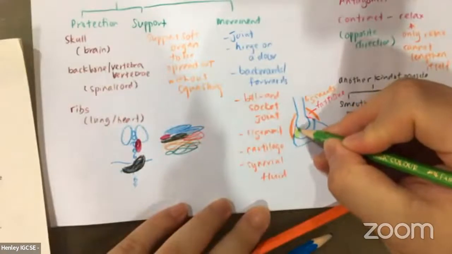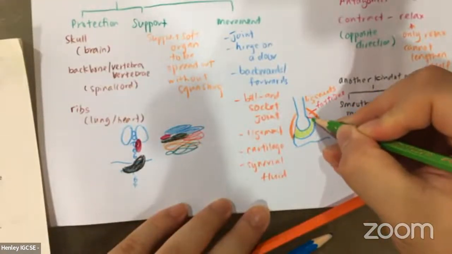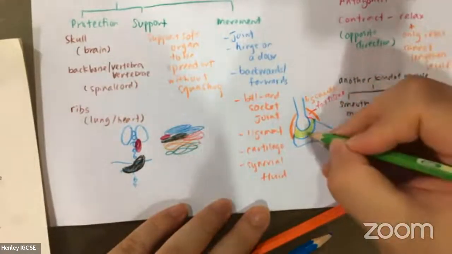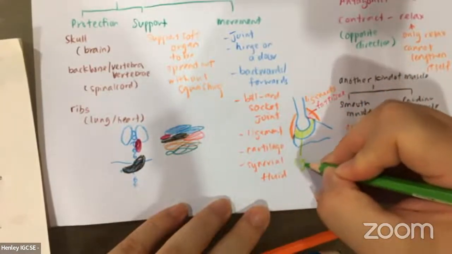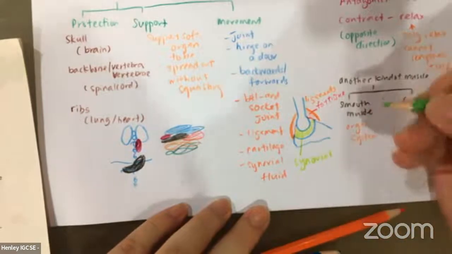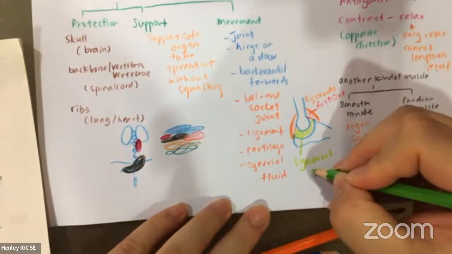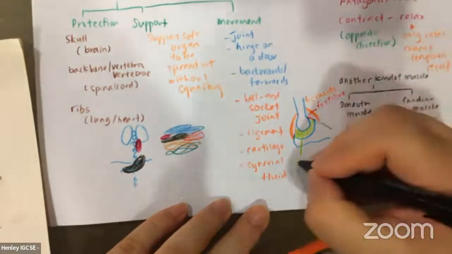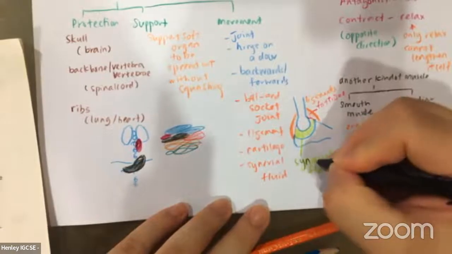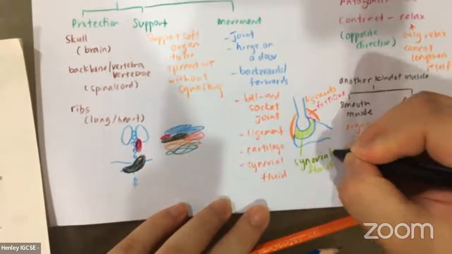This light green part, we call it the synovial fluid. Whether you can see or not, let me color it out.